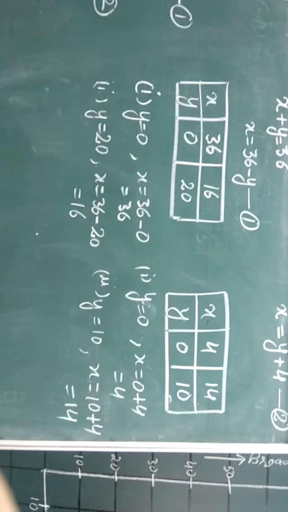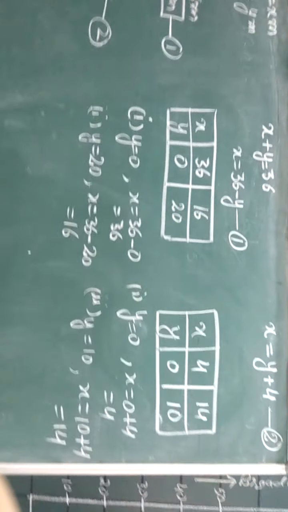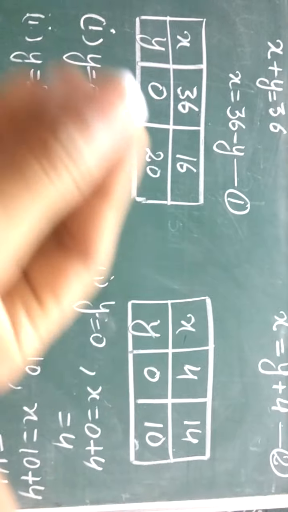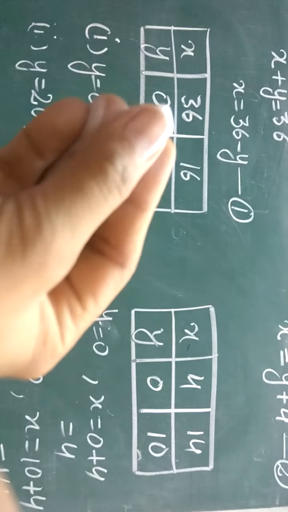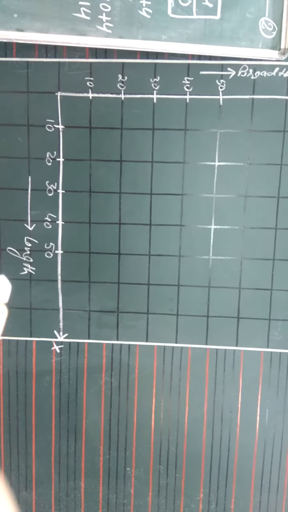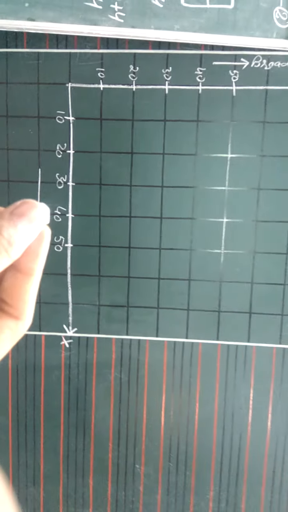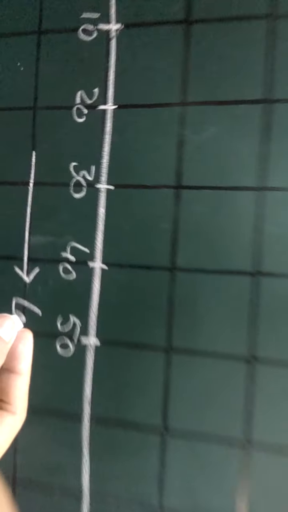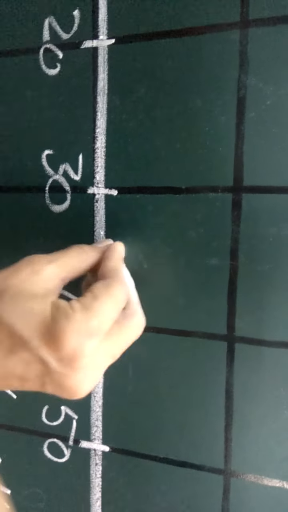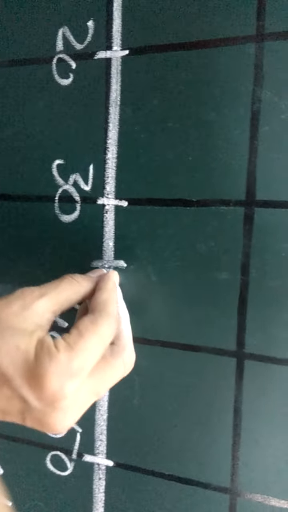So let us plot them graphically to get length and breadth. First is x 36, y 0. 0 is there, that means it lies on the x-axis. We are taking the x-axis for length and the y-axis for breadth. So we want x 36. It will be somewhere, this is 35 and next to this.